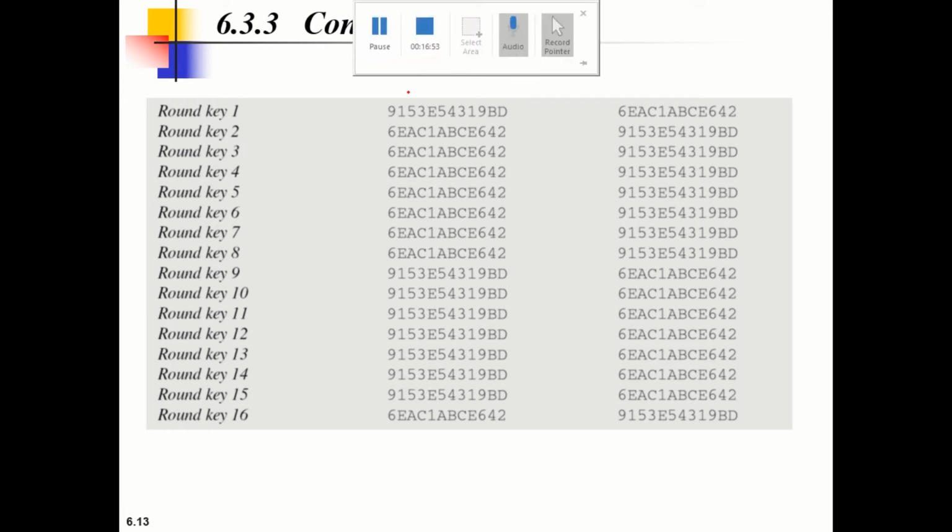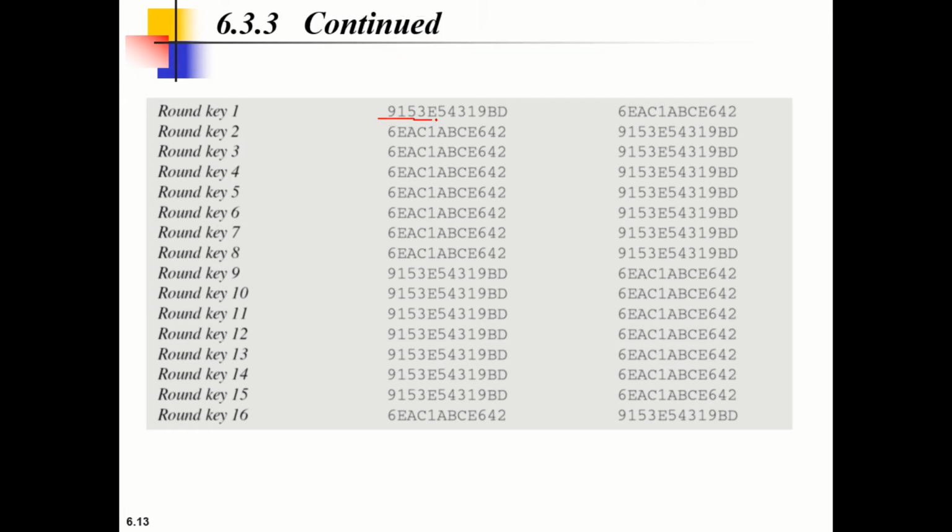You can see over here that this is one key, okay? This is another key. So these are being repeated again and again, okay? And all these values are again the same. Okay, so actually we have only two keys, right? And these two keys are being used again and again, right?